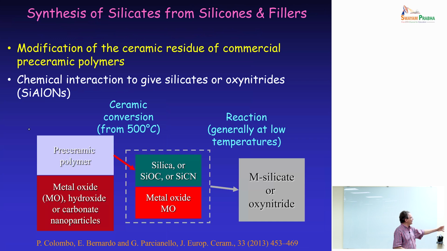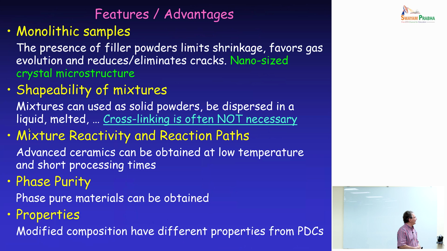And this is what happens when you synthesize a silicate material from silicones and fillers. Depending on the temperature at which you fire the material, you can obtain an amorphous or a crystalline material.